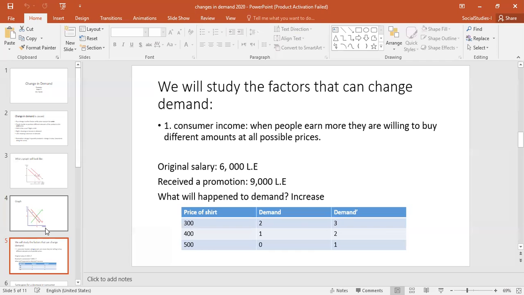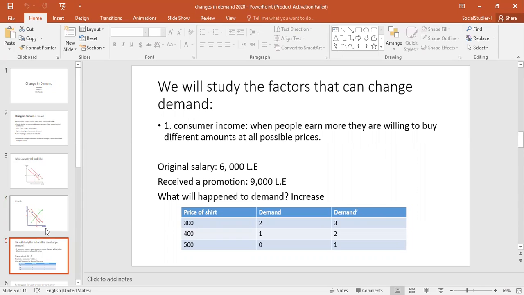Myrna can start planning to buy that new car she had in mind, because she's expecting her income to increase. So with an income increase, a promotion, or any additional cash coming your way, it makes you demand more.